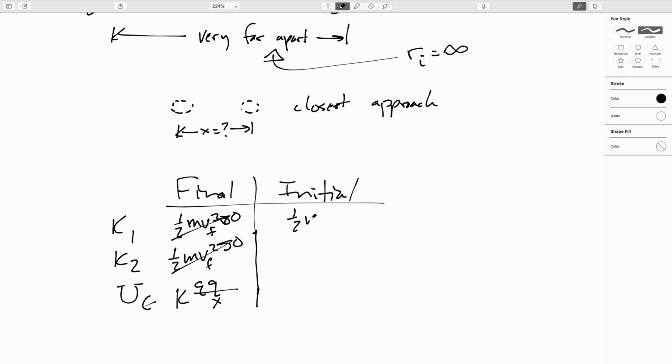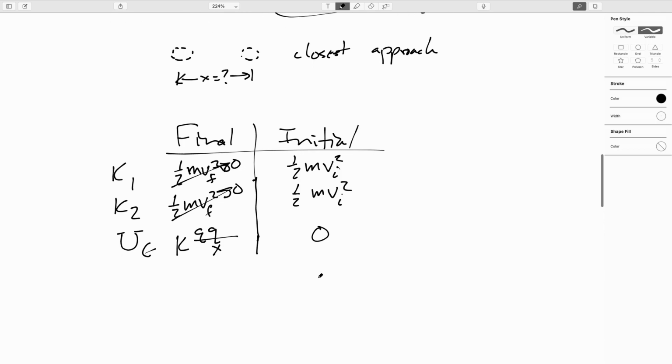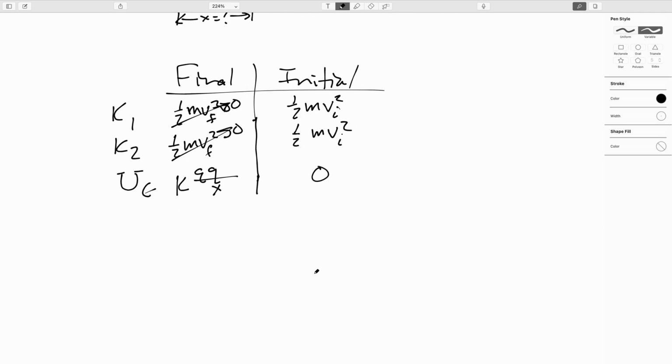Initially, this is 1/2 mv initial squared, 1/2 mv initial squared, and because we assumed infinite separation, the potential energy is 0. So again, same deal, just add up the columns and equate.